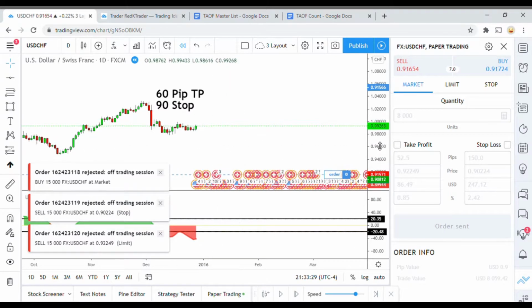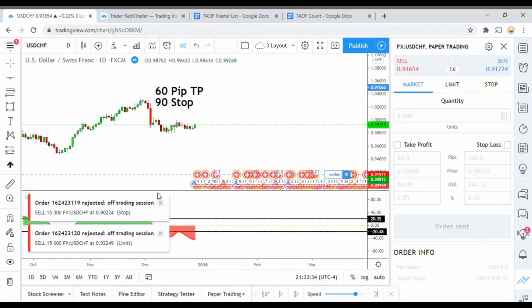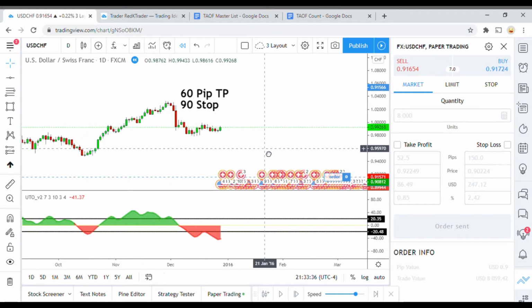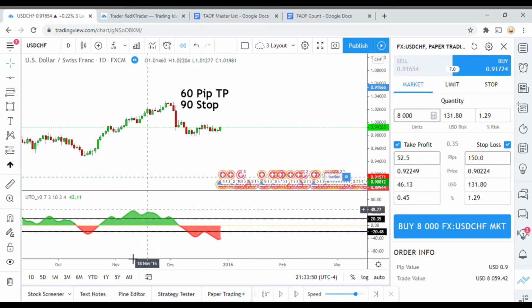Let's see if I can get it to work. I don't know what I did there. Let's try it again. So we have take profit there, stop there. I think maybe I exceeded the amount that I have my account set to.